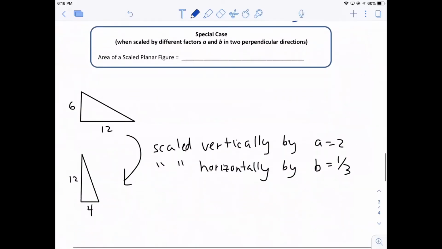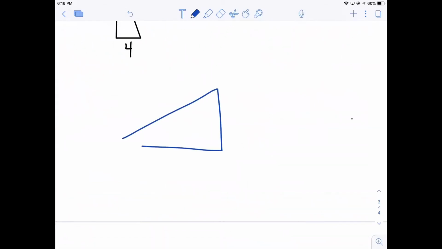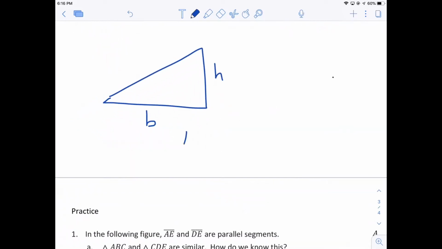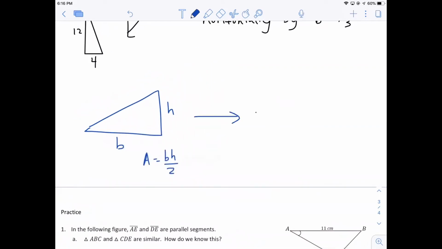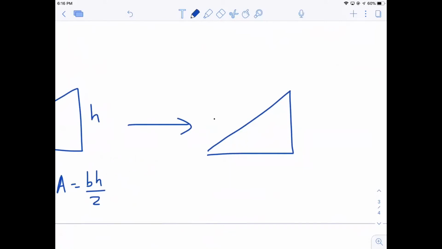So let's just do this in general. If we had a triangle with some base and some height, the original area is going to be base times height over 2. But if we scale vertically by a factor of a, our new height will be a times h.